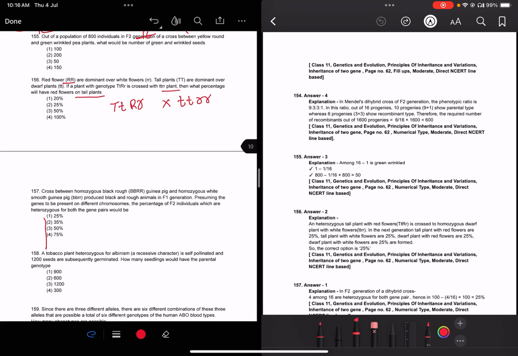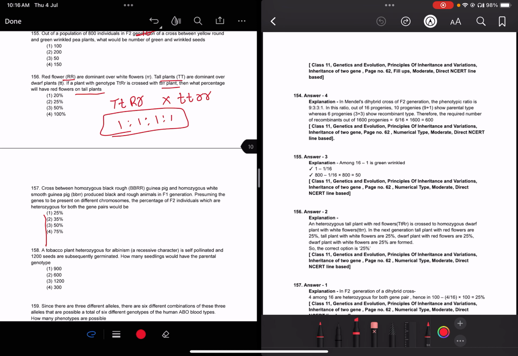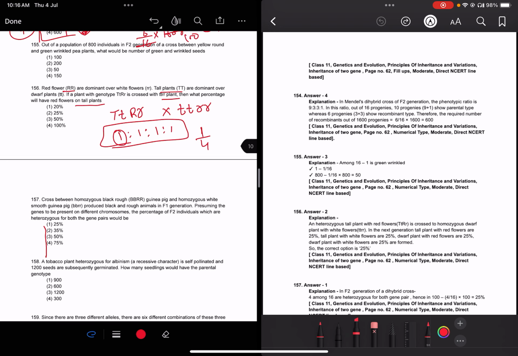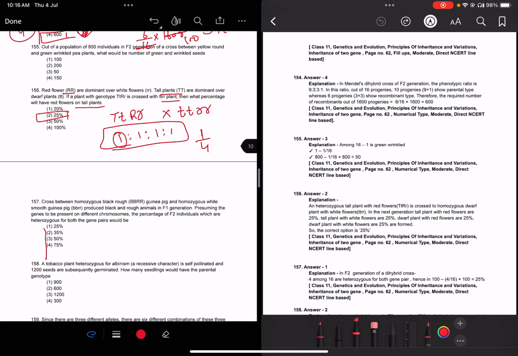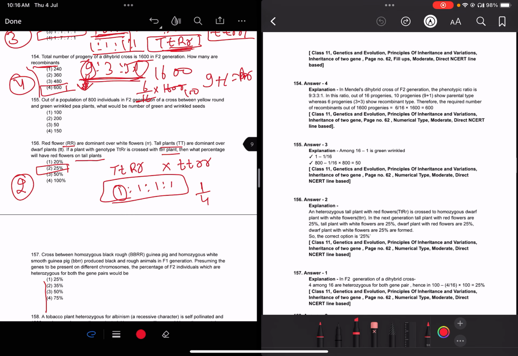The ratio is 1:1:1:1. If we cross, this is the phenotypic ratio. So here 1 out of 4. So that is question 155, and the answer is 2.